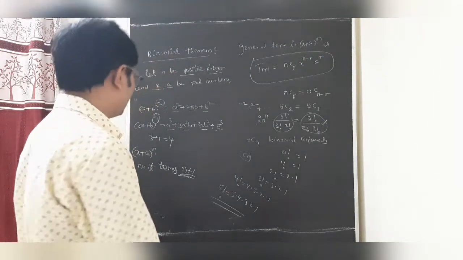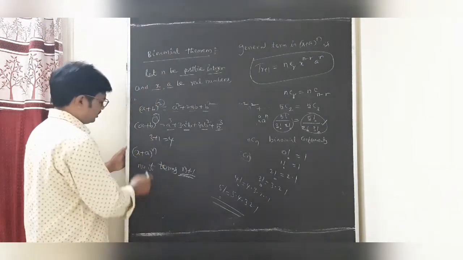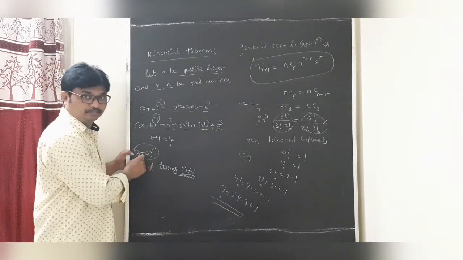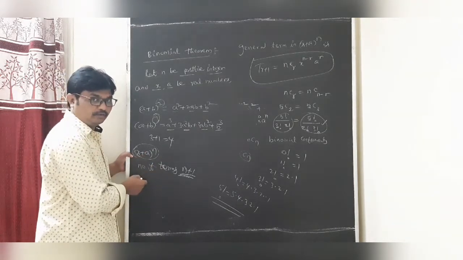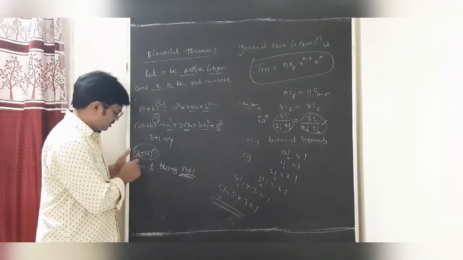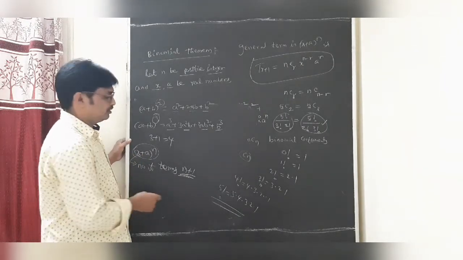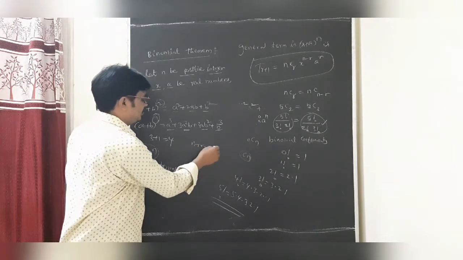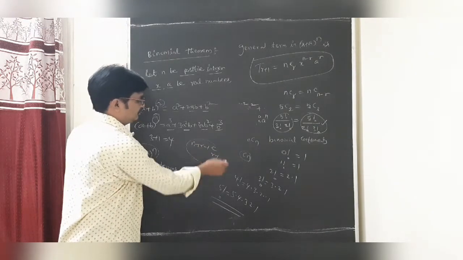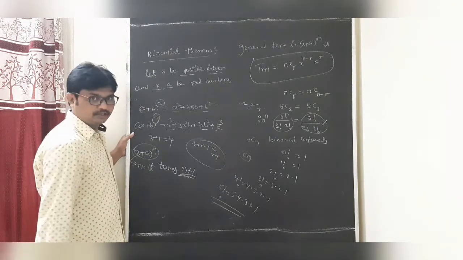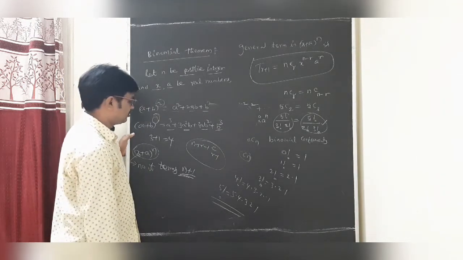Right now we are going to discuss the number of terms for binomial, trinomial and polynomial, how to find the number of terms. That is the form (n plus r minus 1)C(r minus 1).